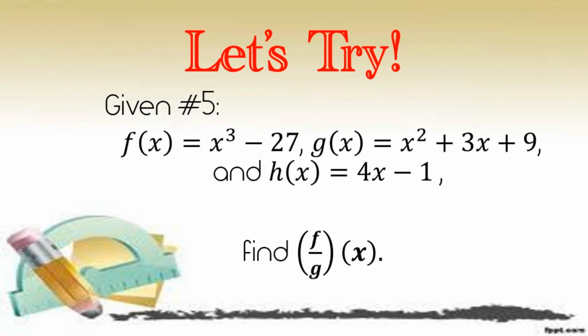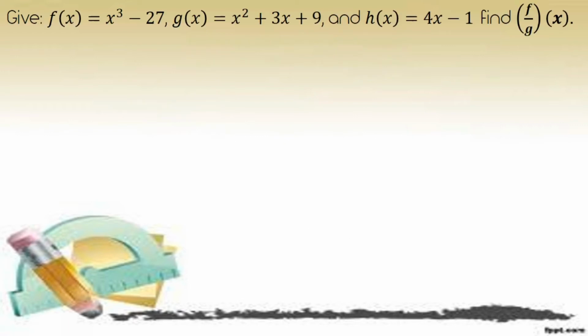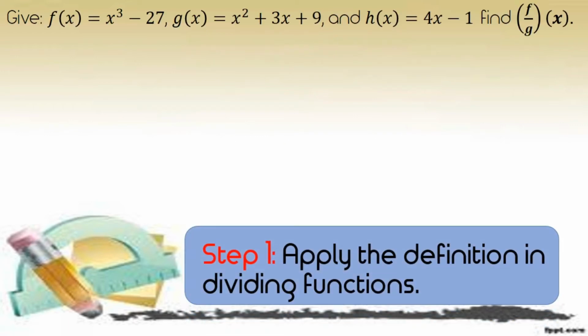The given is f of x is equal to x cubed minus 27, g of x is equal to x squared plus 3x plus 9, and h of x is equal to 4x minus 1. We're going to find f divided by g of x. Similar with the previous examples, for step number 1, we're going to apply the definition in dividing functions.